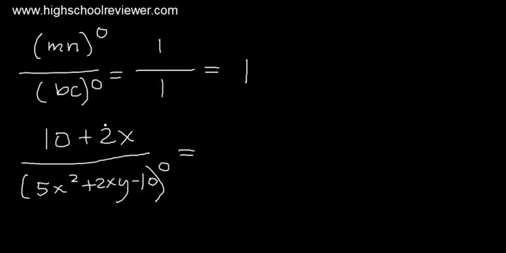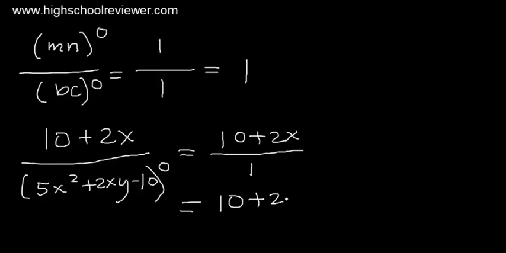For the numerator, this would still be 10 plus 2x, but for our denominator, since any quantity raised to 0, the answer is still 1. So 10 plus 2x divided by 1, our final answer here would be 10 plus 2x.